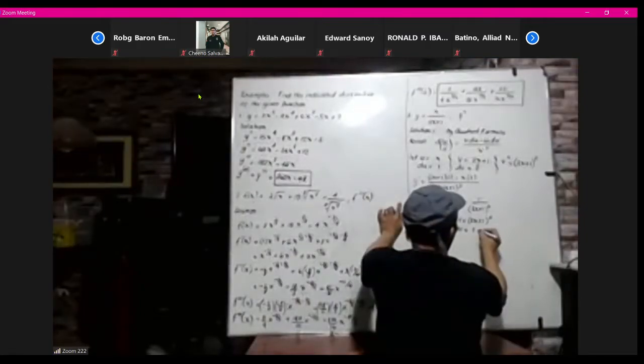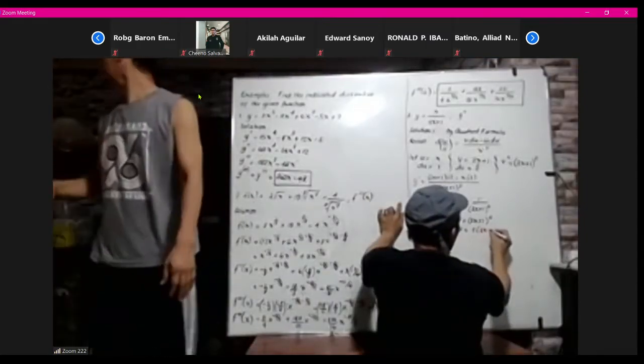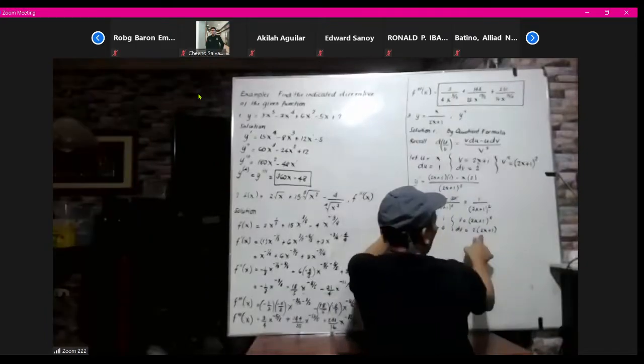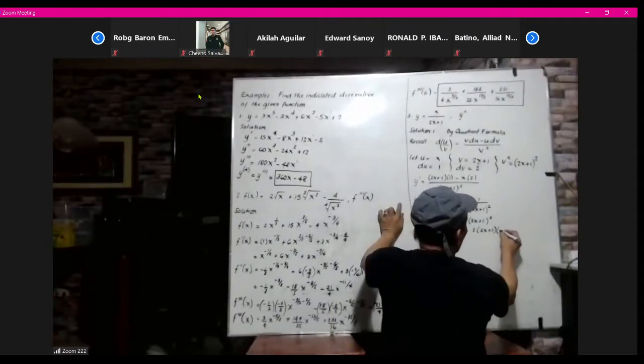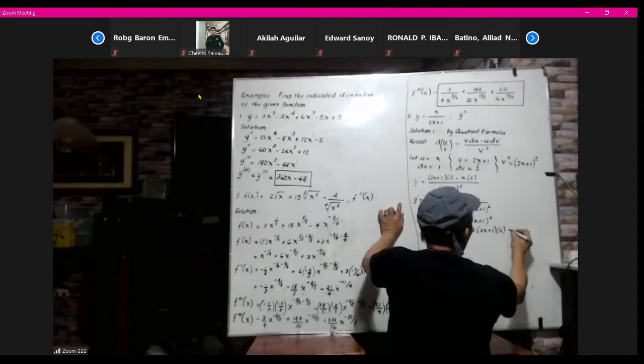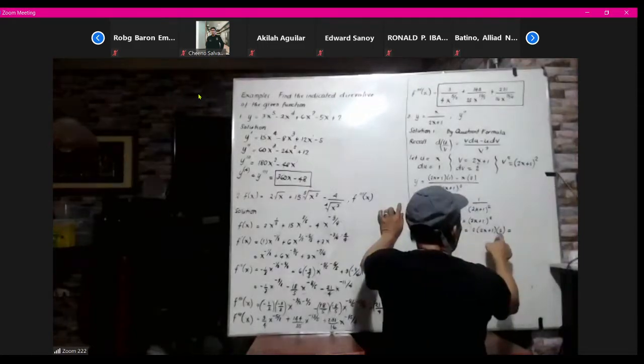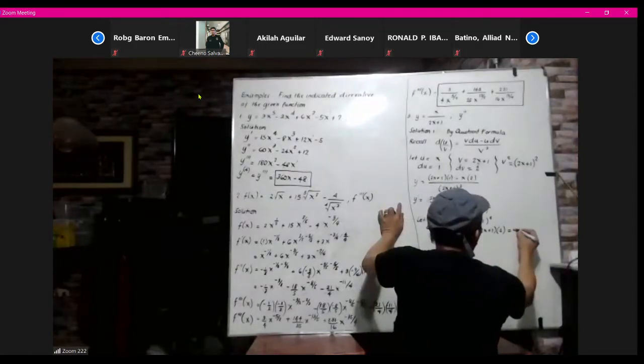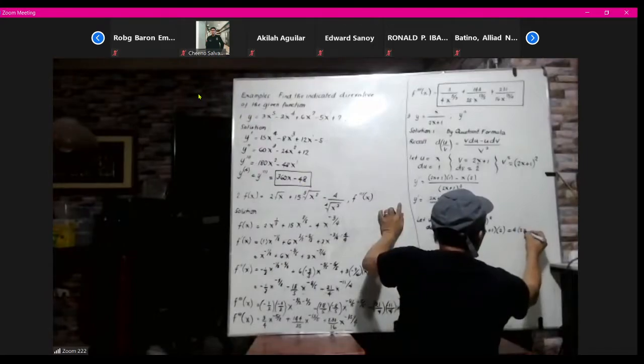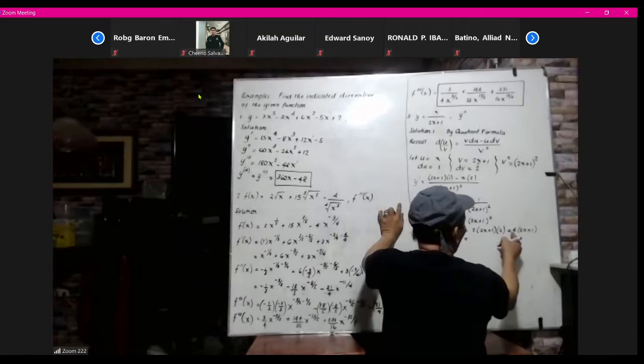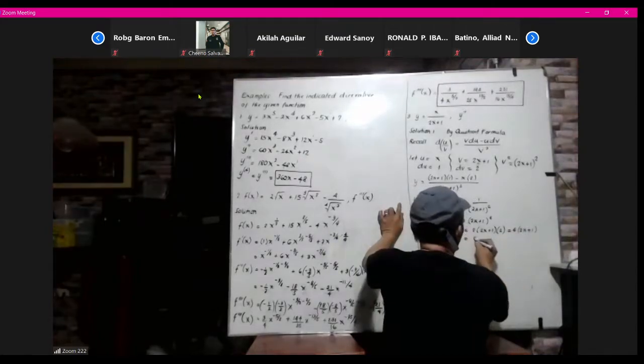That is 2 times 2x plus 1. Derivative ng 2x is equal to 2. So ang sagot natin dyan ay magiging 2 times 2 equals 4. 4 times 2x plus 1. So, dv now is equal to 4 times 2x plus 1, or 8x plus 4.